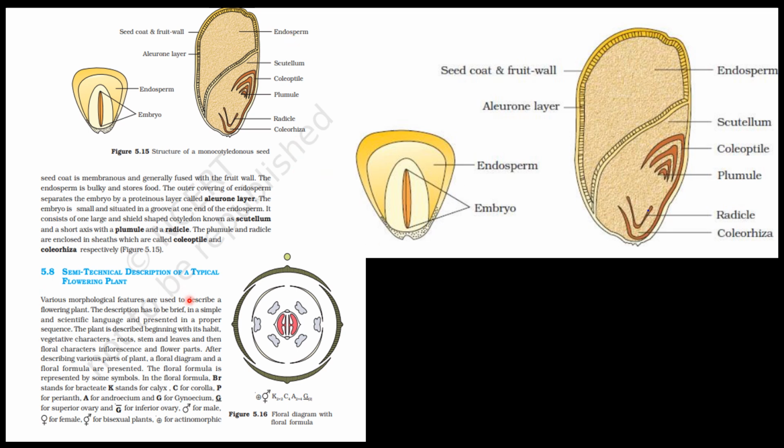Now let us look at the floral formula and floral diagram. K means calyx, C means corolla, G means gynoecium, A means androecium. So this is the basics. When we draw a line just below the G, it means the ovary is superior.